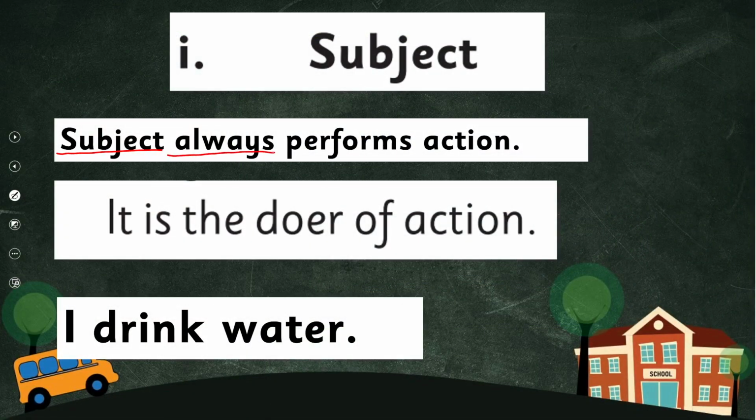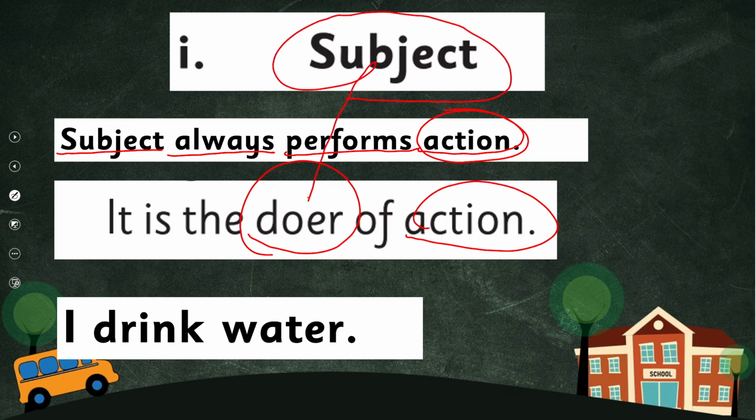The subject always performs the action. So, it is the doer of the action. What is the subject? The doer of the action is the subject. The one who performs the action, the one who does the action, is the subject. Now, in this sentence, who is drinking water?